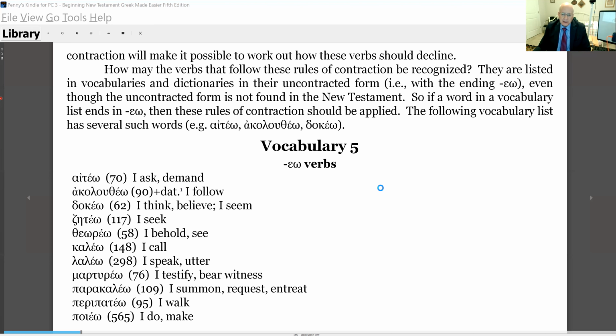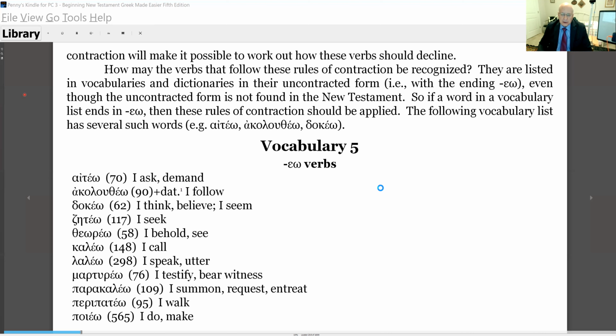And the only place that it makes a difference in spelling is in the first person plural. We are speaking. If we add omen to lale, it becomes lalumen. And in the second person plural, the you plural, lale plus ete becomes laleite.